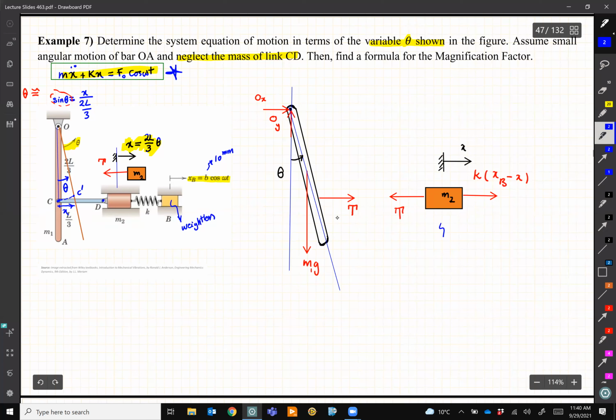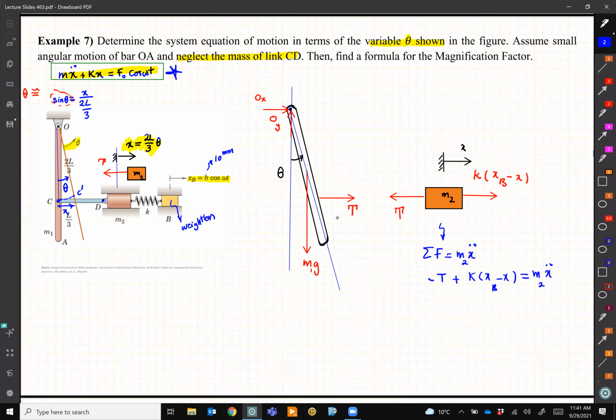So you look at this guy and say sum of the forces must be equal to m2 x double dot, right? I have minus T plus k (xb minus x) is equal to m2 x double dot. So that's one equation. Let's keep it for now.